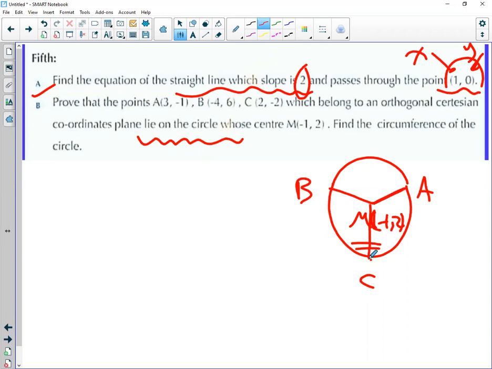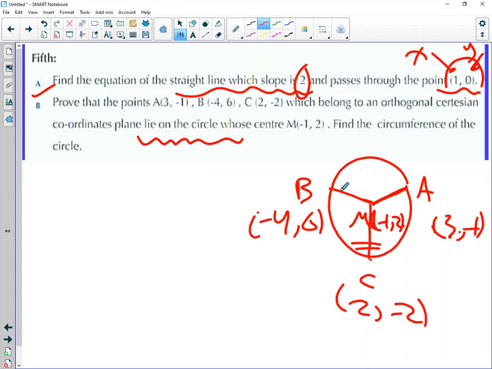Point A equals (3, -1), point B equals (-4, 6), point C equals (2, -2). If we prove the 3 line segments MA, MB and MC are equal, because the 3 line segments are radii, then we prove that the 3 points A, B and C are on the same circle.